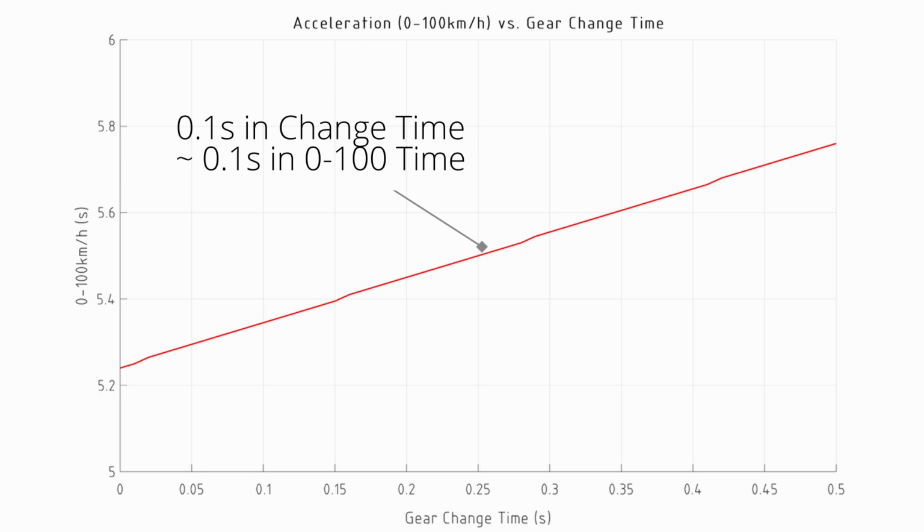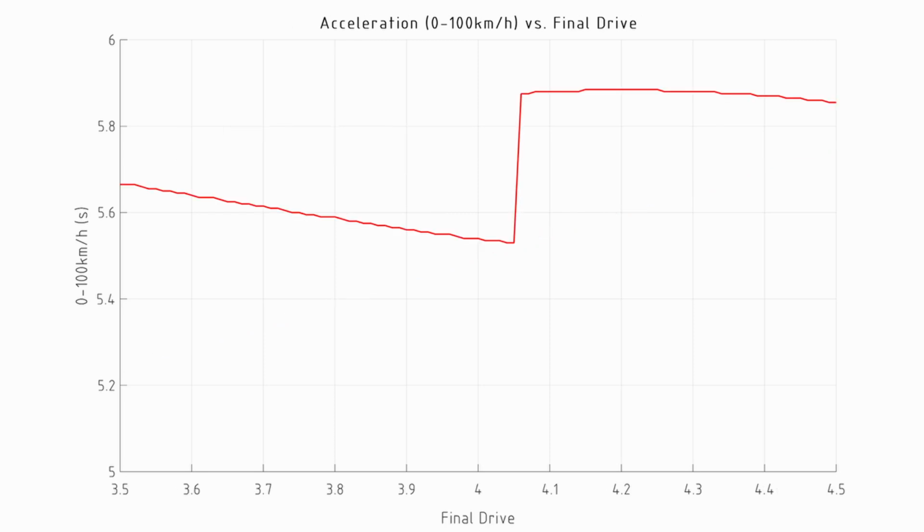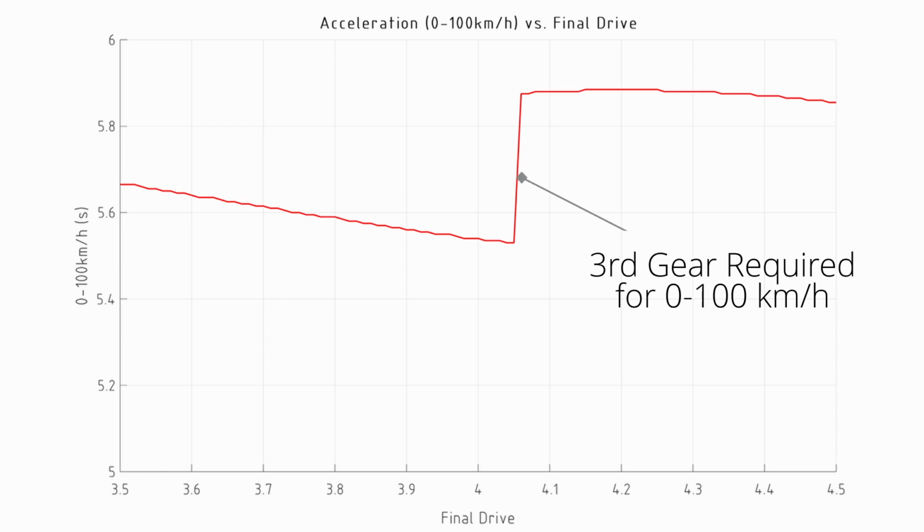And the last sensitivity I want to have a look at is this acceleration versus the final drive. And here we see a fairly moderate change. As the final drive is increasing, we're generally decreasing the amount of time, but then there is a sudden jump in this graph. What's happening here is we're crossing over from using just the first 2 gears to using the first 3 gears in that 0 to 100 kilometers an hour.